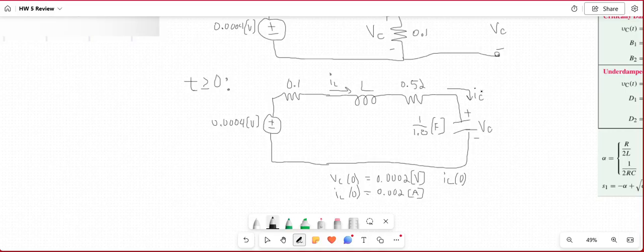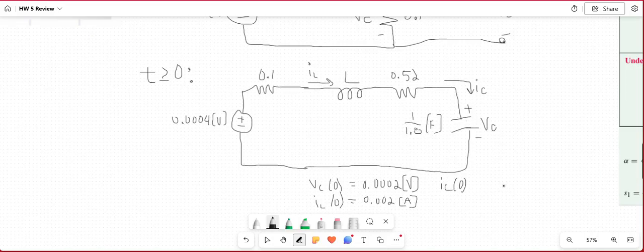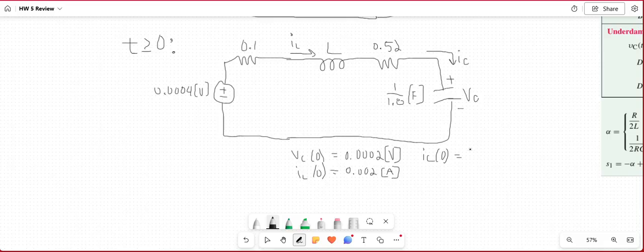Okay, look, IC. See, IL is the same current going through this whole circuit because everything's in series. So IC is just going to be equal to IL at t equals 0. So this is also 0.002.